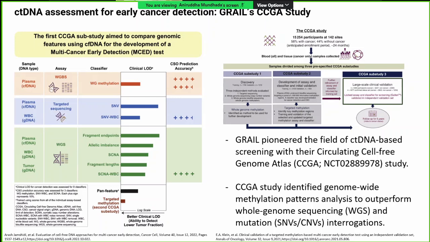This was a study by Grail, which they published about CCGM, which is a circulating cell-free genome atlas, and it identified genome-wide methylation patterns which were much greater than whole genome sequencing or even cytogenetics for that matter.